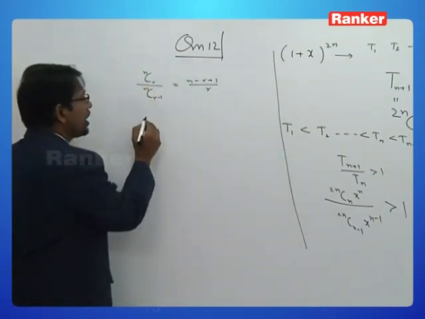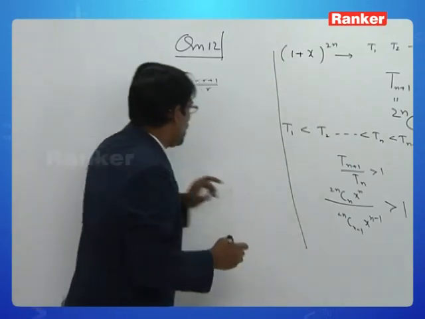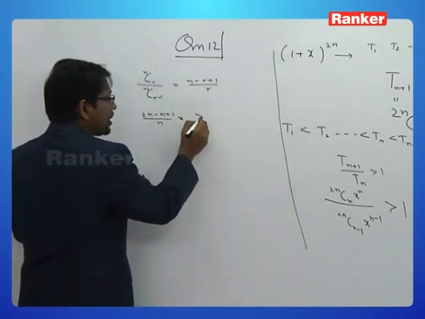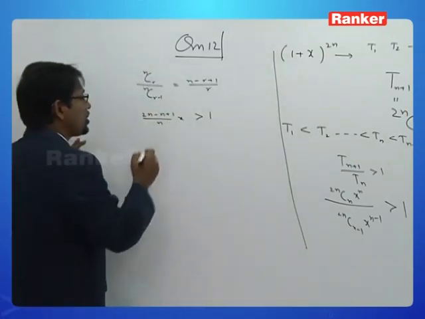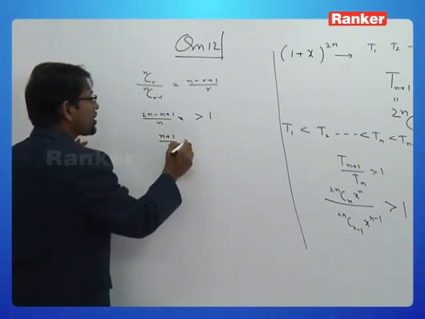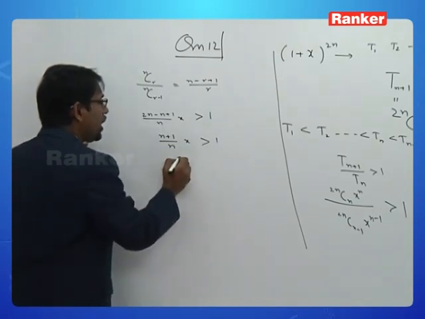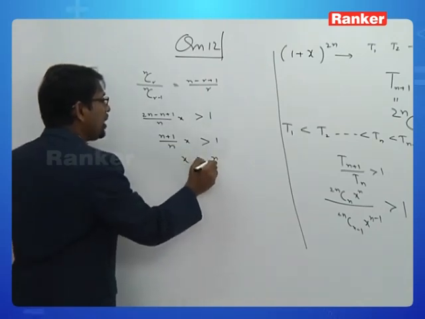So that makes it (2n-n+1) by n into x, that is greater than 1. So what is this here? (n+1) by n into x is greater than 1. It means that x should be greater than n by (n+1).